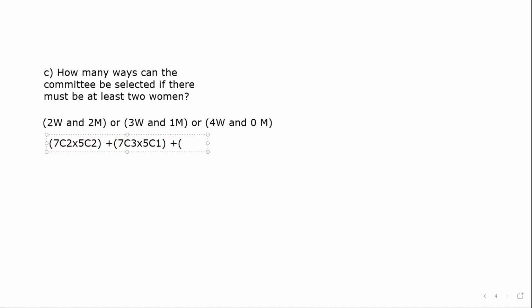4 women. So that's 7 choose 4 times 5 choose 0. And 5 choose 0 is just going to be 1. So this is 7 choose 4 times 5 choose 0.